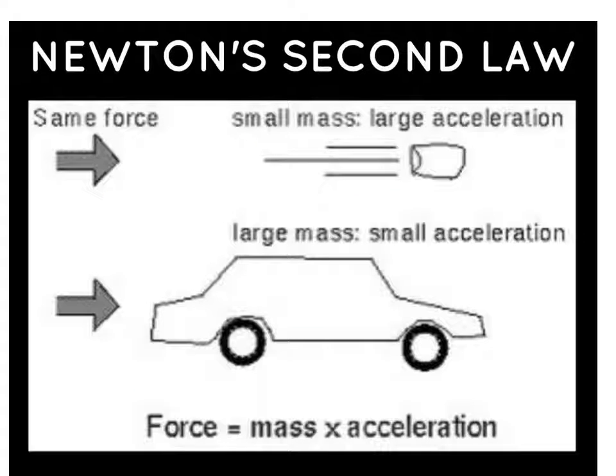Another way to look at this is if the forces are the same, the force will cause a small object to move faster and further than the same force will cause a large object to move. So same force, small mass, larger acceleration. This goes back to F equals ma.